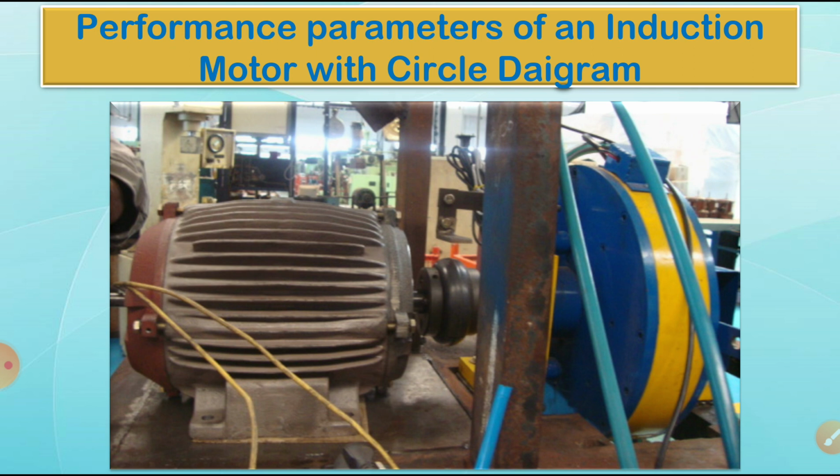This can be easily known by conducting the no load test and the blocked rotor test on a 3-phase induction motor. Based on these 2 tests, we are going to write the horoscope of the induction motor.